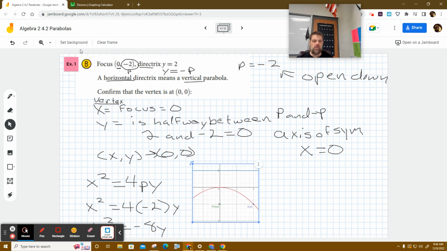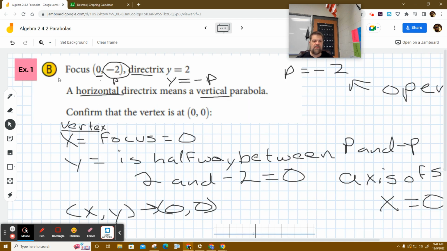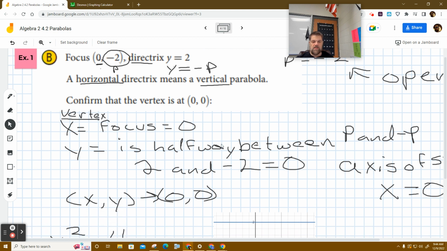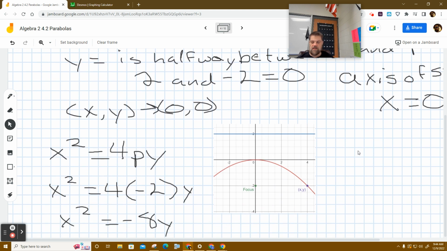So now if this is true, the math should work out, right? So I think I've done everything right. Let's see if this is true. So this point here, we said that this point was 4, -2. So when x is 4, y equals -2.